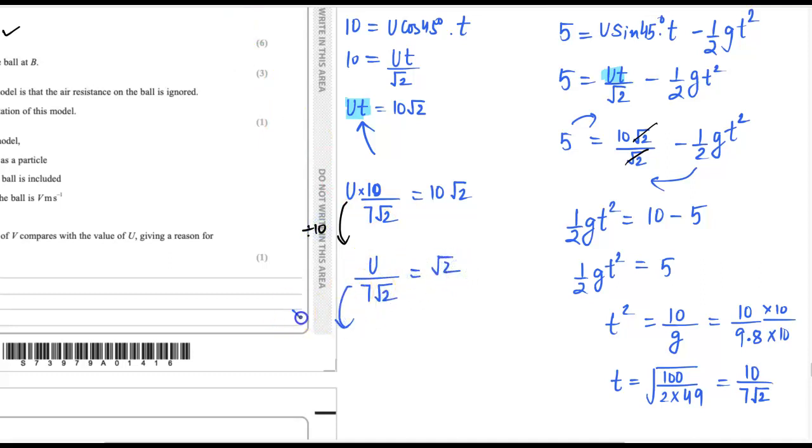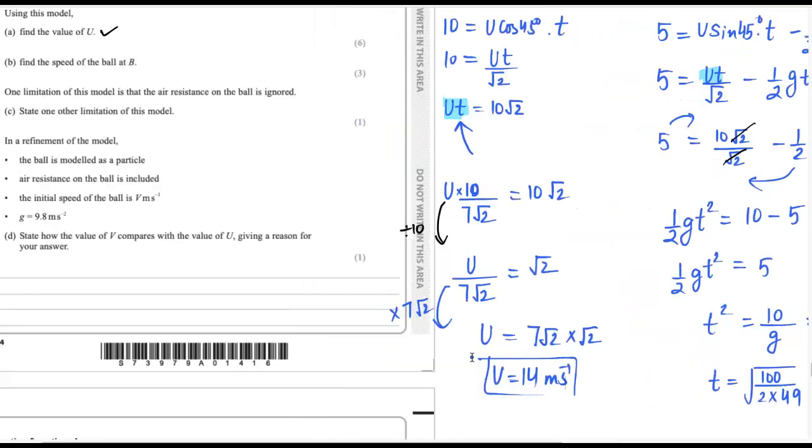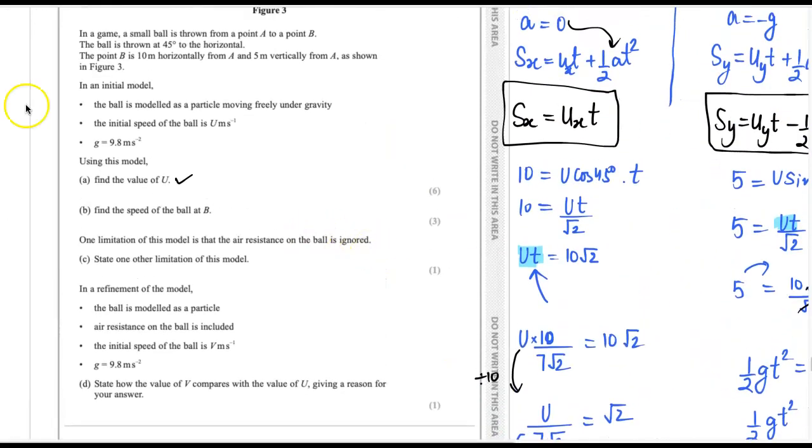Now let's multiply both sides by 7 root 2. So u is going to be 7 root 2 times root 2. That gives us 14 meters per second. So this is what we've got for the A part.